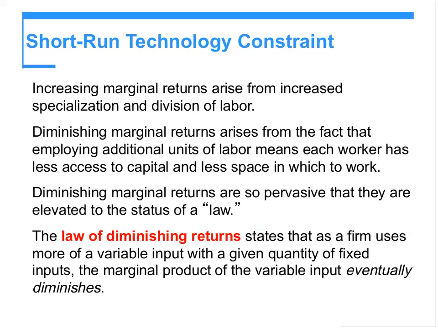So increasing marginal returns arise from increased specialization and division of labor. At the beginning, the reason why we have an increase in marginal return is because we have this specialization and division of labor. But diminishing marginal returns arise from the fact that employing additional units of labor means each worker has less access to capital and less space in which to work. You see, by adding more and more workers, each worker has less opportunity to work.